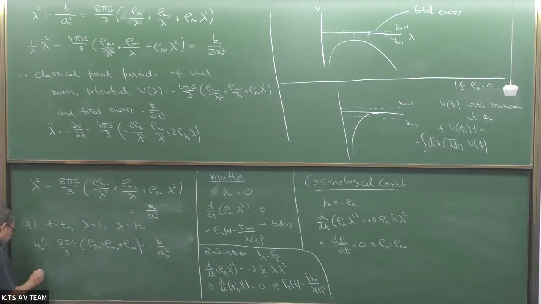So I'll write this also as 1 minus 8 pi G. Let me just define, so that I can avoid one step, rho C, which is called the critical density, as 3 H0 square over 8 pi G. This is the definition.